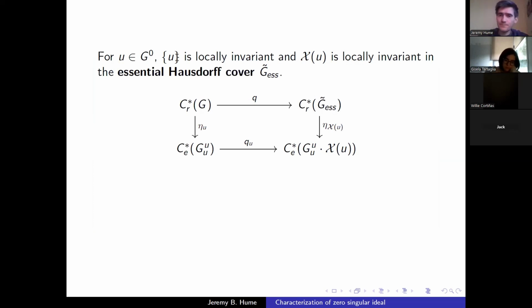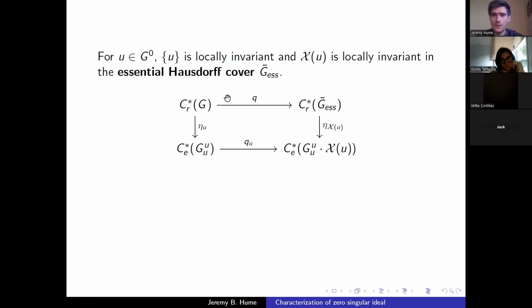And that collection of subgroups I defined before turns out to be a subset of the unit space of the so-called essential Hausdorff cover. It's a closed subset as well as being a locally invariant set for this cover.